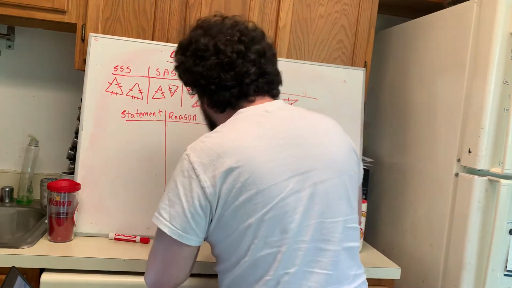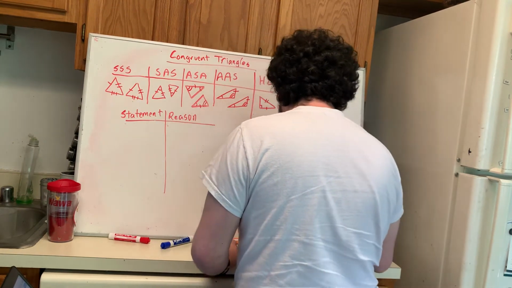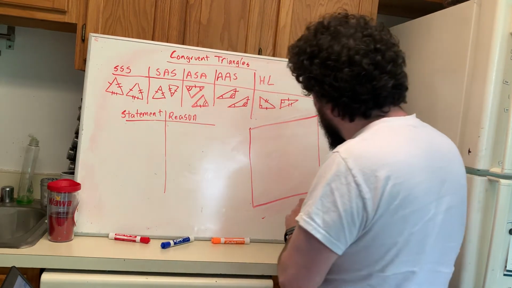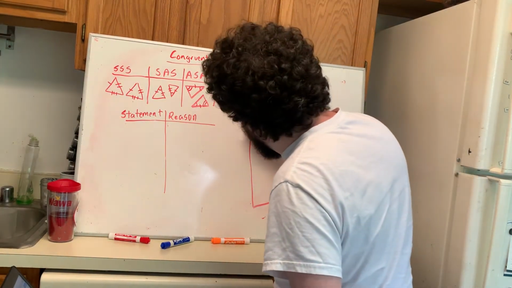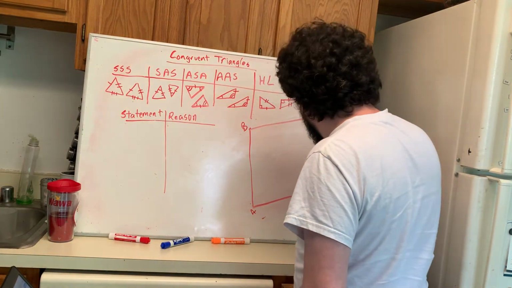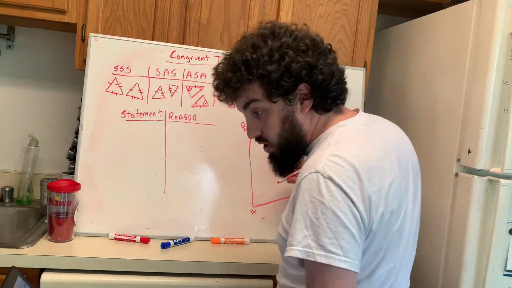So, my initial picture looks something like this. I am told this is B, A, C is over here, and D. Have a line that cuts across here.